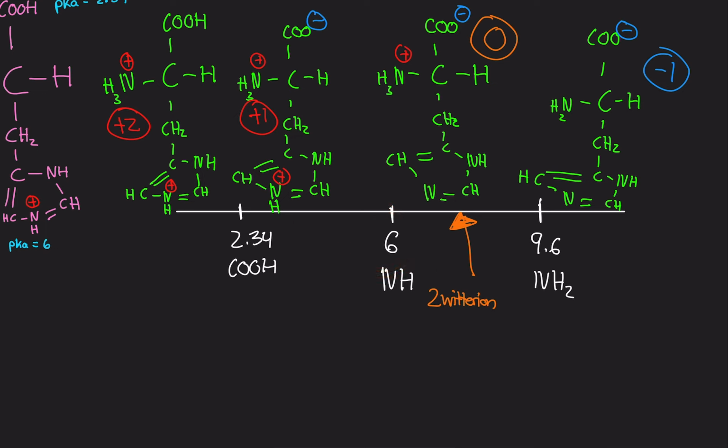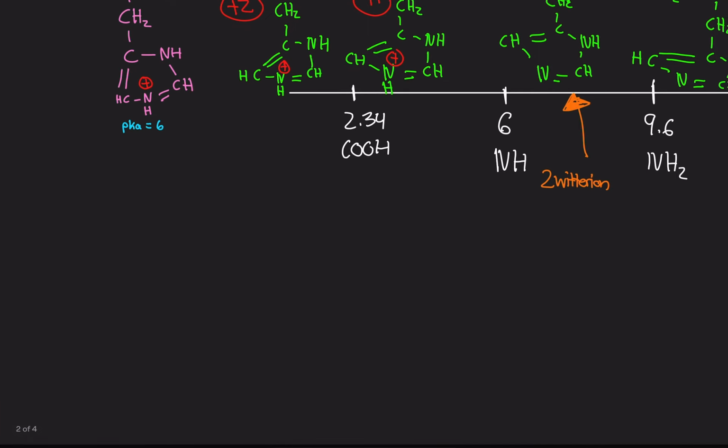The boundary to the most right is 9.6. And these are the 2 values you're going to use for your isoelectric point. So it goes 6 plus 9.6 divided by 2. 7.8. And that is our isoelectric point. So pI equals 7.8.